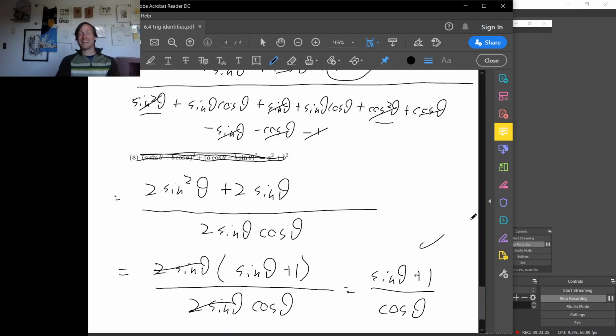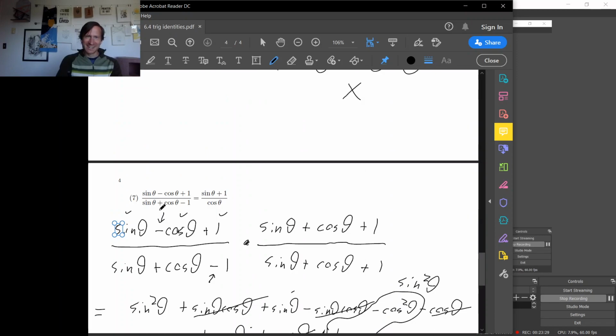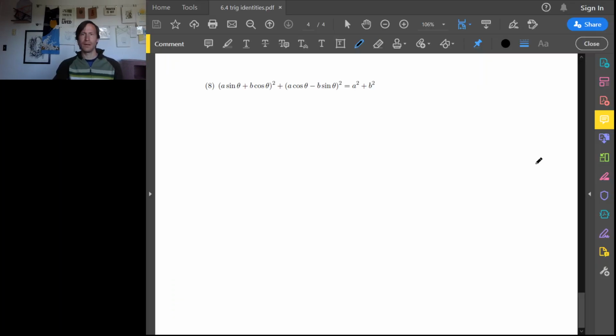And that is what we wanted. So finally, if you look at where we started, sine theta plus 1 over cosine theta is what we were looking for. So this really is an identity, but this is maybe one of the hardest ones I could have possibly given you. Okay, last identity here.